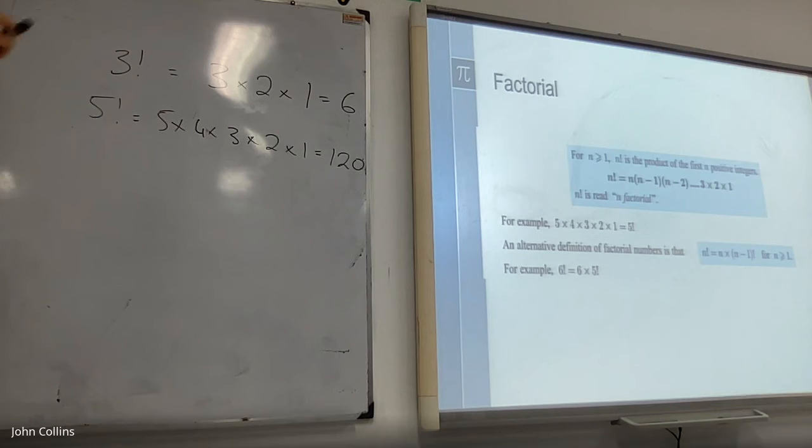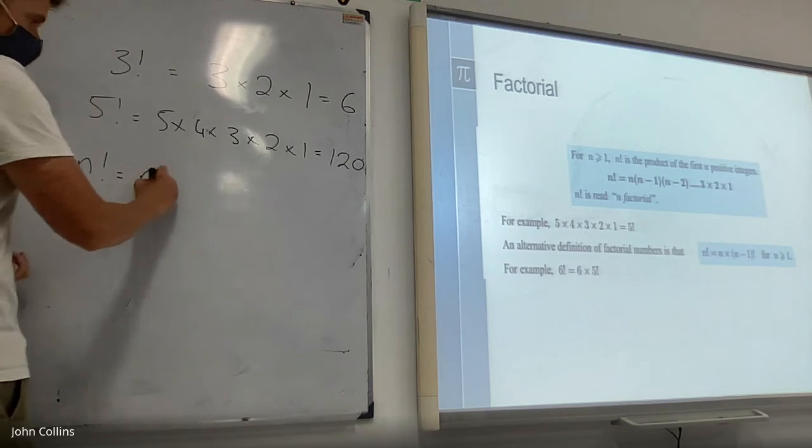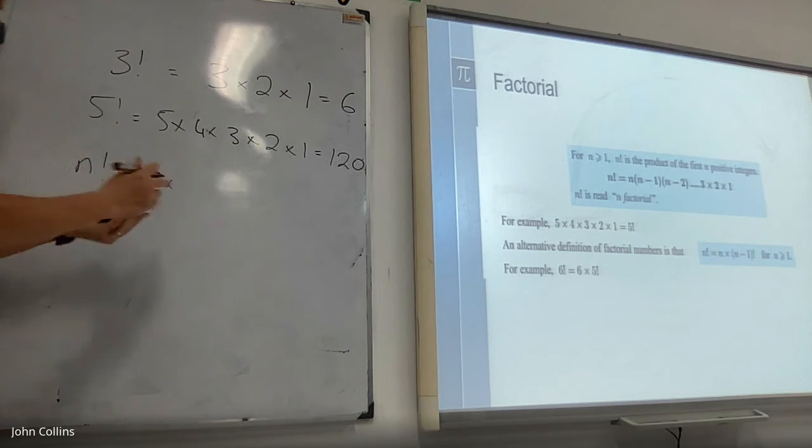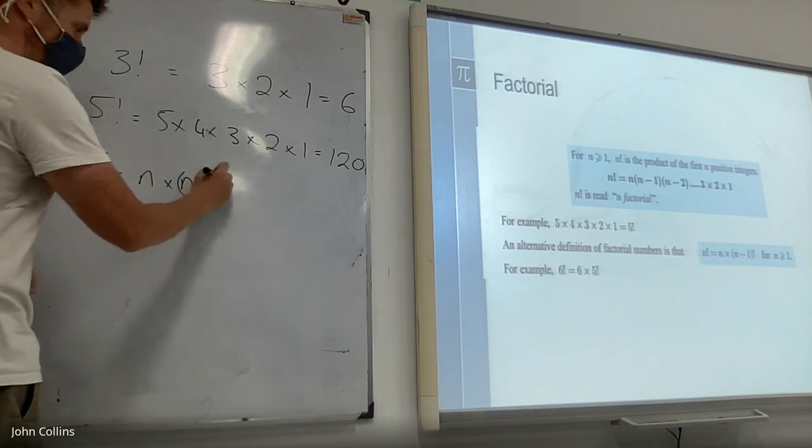Now what you see on the board is that this can be represented with n's, with unknowns. So what if we wanted to find n factorial, let's say it's 100, what would be the first term you multiply by? 100, isn't it? The n times the next term would be 100 take away 1, 99, or in this case, n minus 1.